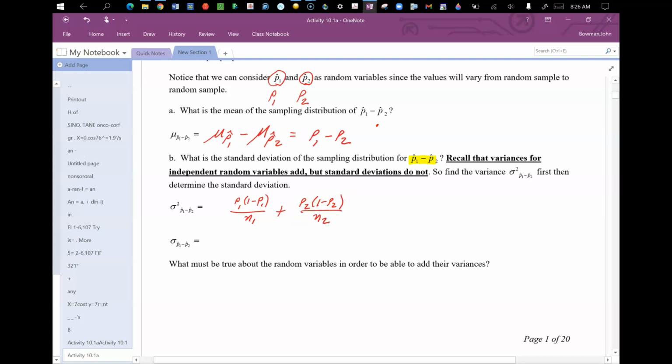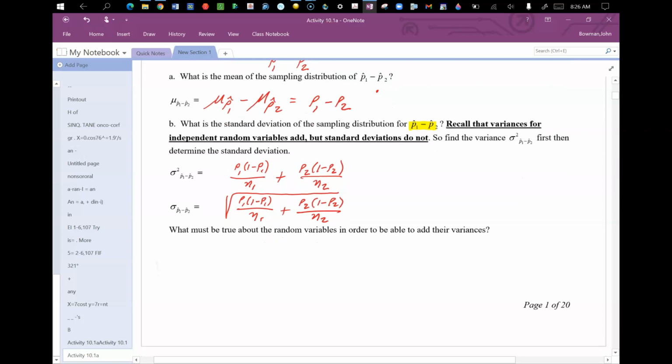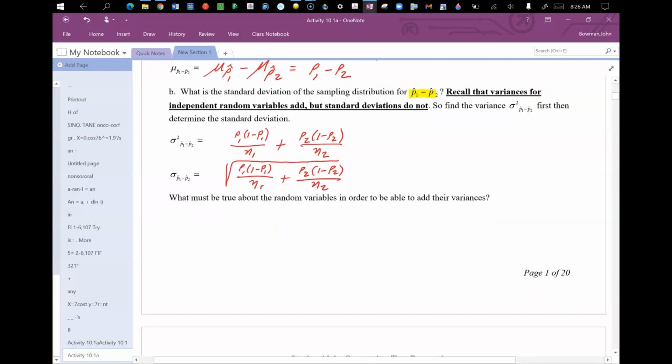So that's our variance. Again, we're assuming that these two random variables are independent. So the standard deviation is going to be the square root, or the positive root, of all of that: P1 times 1 minus P1 over N1 plus P2 times 1 minus P2 over N2. And this formula is actually on your formula sheet for the AP exam.